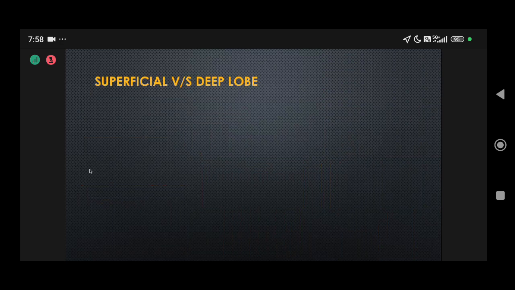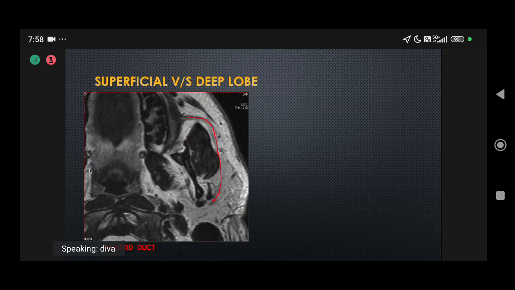The first is the superficial versus deep lobe. Now we know that anatomically there is no fascial boundary that divides the gland into the deep and superficial lobe. But there are two things which are important for how it can be divided. One is the parotid duct.